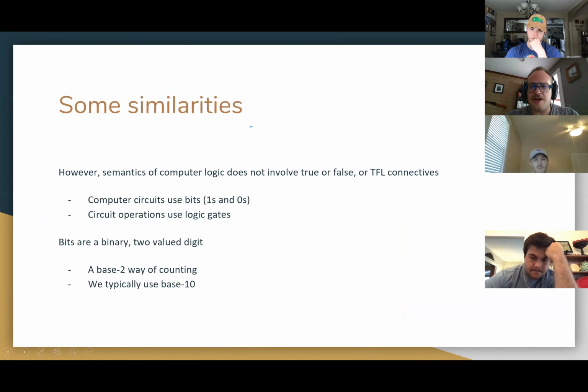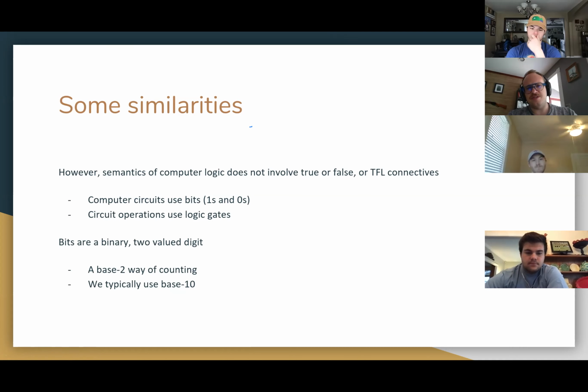But there is an important disanalogy to talk about right off the bat, and that's that the language of computing doesn't use true or false for the meaning of the things being computed. Instead, computer circuits, and circuits in general, use bits.